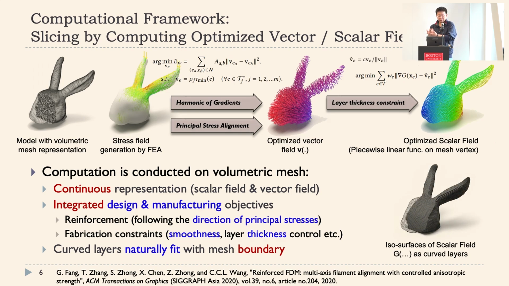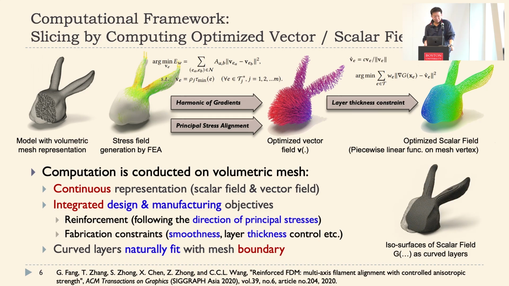The objective we are trying to optimize is to let the filaments follow the maximum stress direction. That means we need surface layers embedding those directions, and the normal of that surface gives you the minimum stress direction. The minimum, maximum, and middle directions are orthogonal to each other.